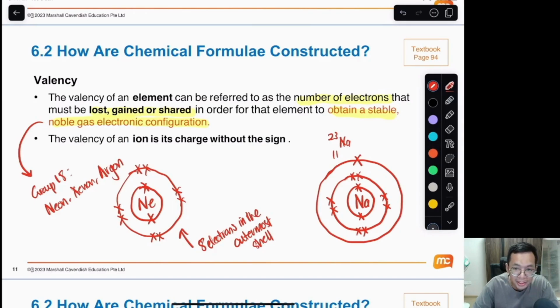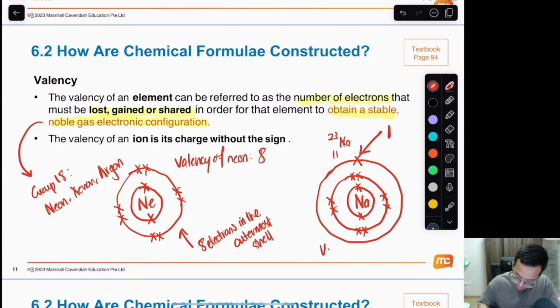So what is the valency of sodium? 1, because there is only 1 electron in its outermost shell. Go back to neon. Valency of neon is 8. Valency of sodium is 1. That should be quite simple enough to understand.